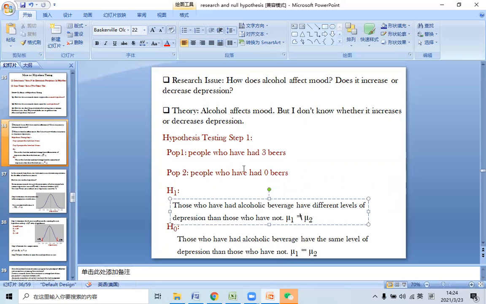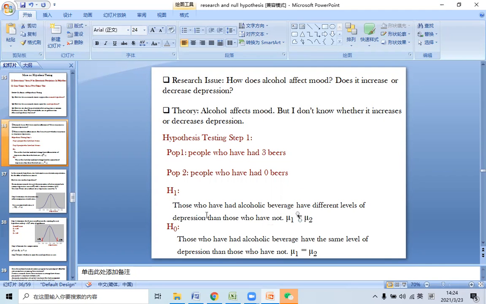Population one would be different from population two in average level of depression. Mu1 not equal to mu2, just a bit different.